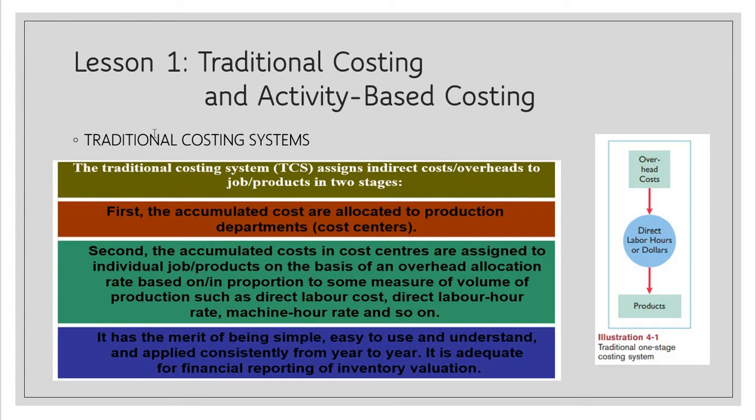Okay, so for process costing, we assume that machine hours was the relevant activity base for assigning all the overhead to the department. So, tingnan nyo ha, pagdating sa job costing, ang ating activity base is we call the direct labor cost. While sa process costing naman, which we will be discussing for the next module, we assume that yung machine hours was the relevant activity base for assigning the overhead cost.